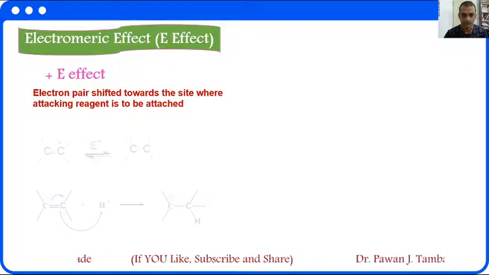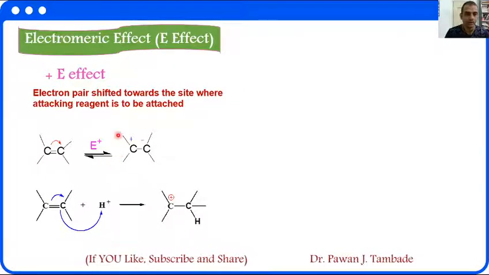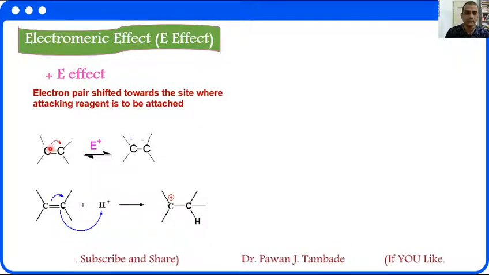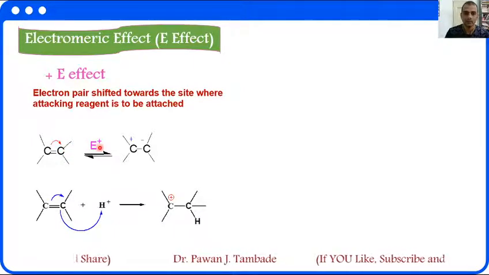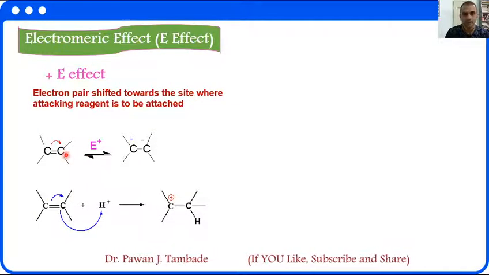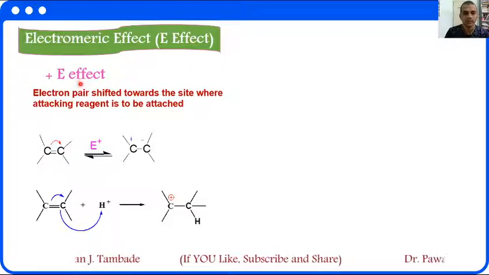For example, if I have this carbon-carbon double bond and this electrophile is in the vicinity of this double bond, then this double bond will shift to one of the carbon atoms and this carbon atom will attack the electrophile. So in this particular example, a double bond is shifting to a carbon atom and that carbon atom is attaching to the attacking reagent. Such an effect is called the positive E effect.